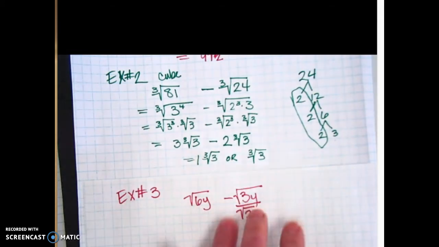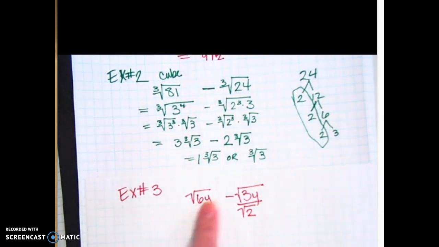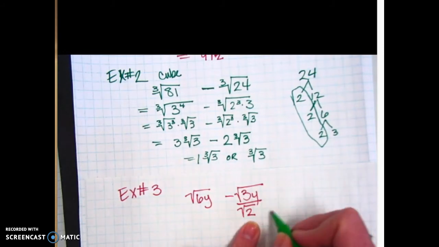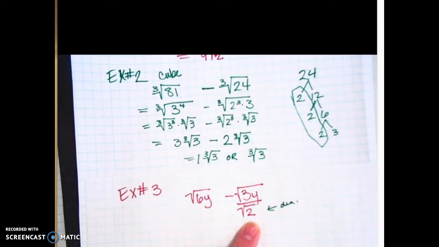Okay, they're all square roots, so the index is good so far, but we definitely don't have the same things that we can add or subtract, right? And we also have the problem right here that we have this radical in the denominator, okay? So how do we get rid of the radical in the denominator?